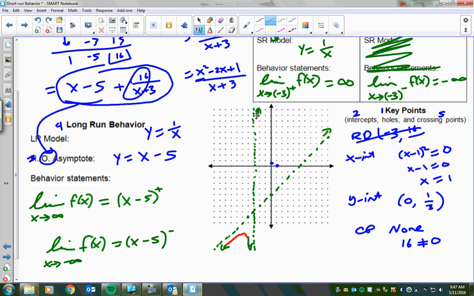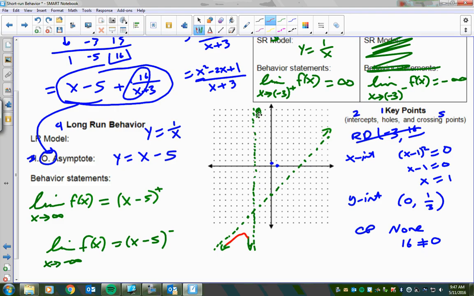Here, look at this. One thing I want you to appreciate is that, in theory, this could come down and just touch there at 1. It could also go down and cross and then go under and cross back up. The crossing point would have been where it crosses the asymptote, so that doesn't help.